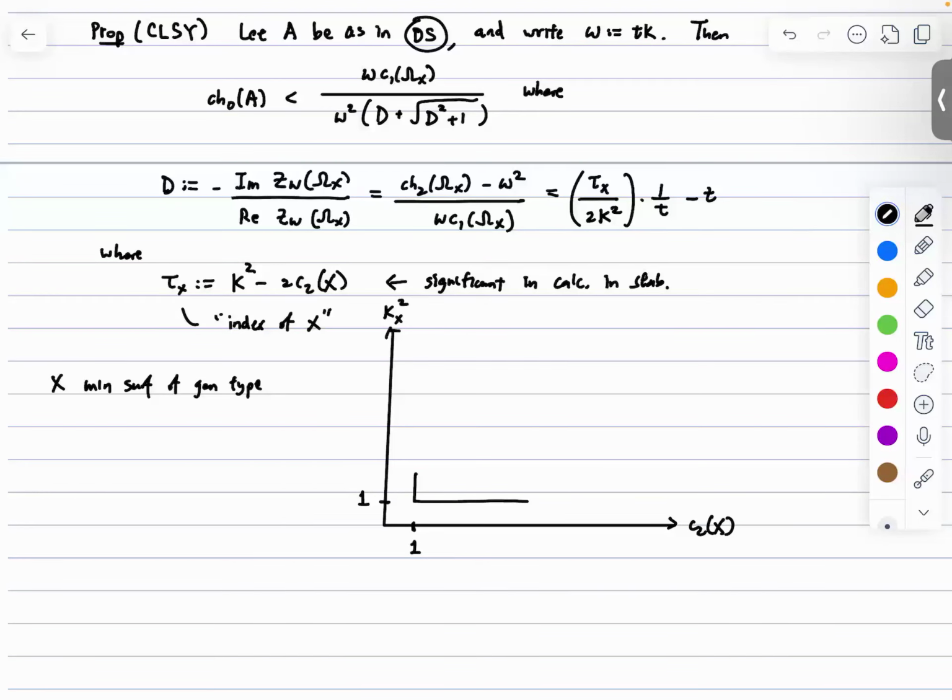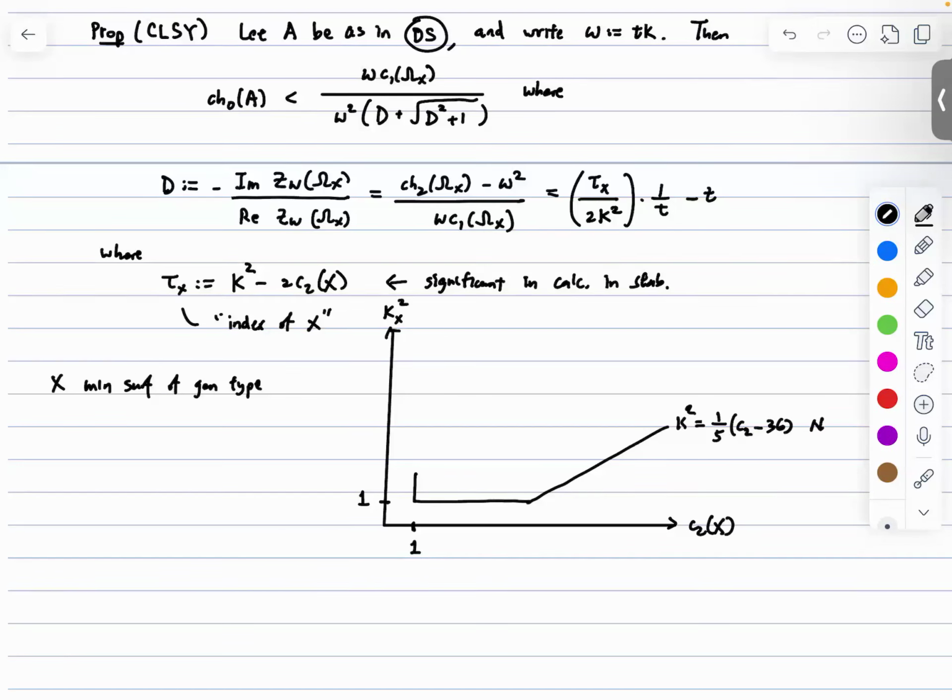And by Noether's inequality, we know that if you plot the point (C2, K squared), it has to be above a line given by Noether's inequality. So we draw like this. That line is given by K squared equals 1 over 5 times C2 minus 36.